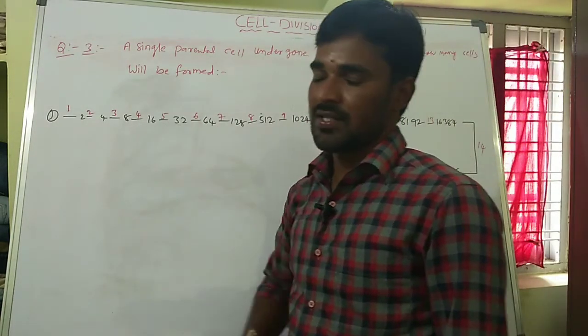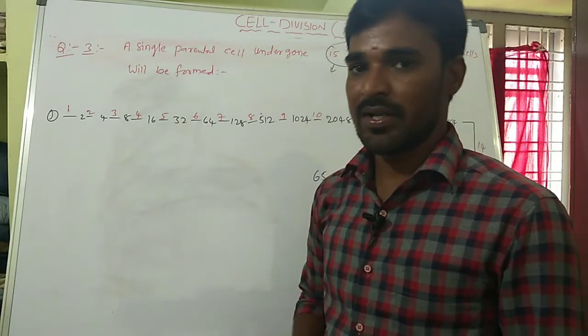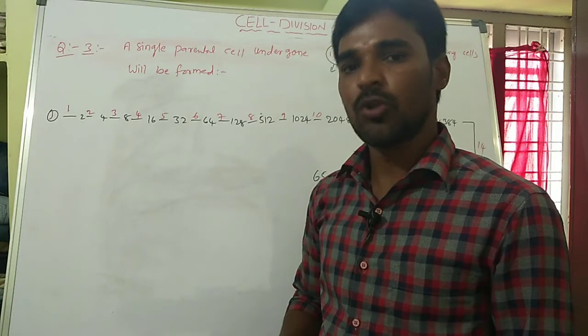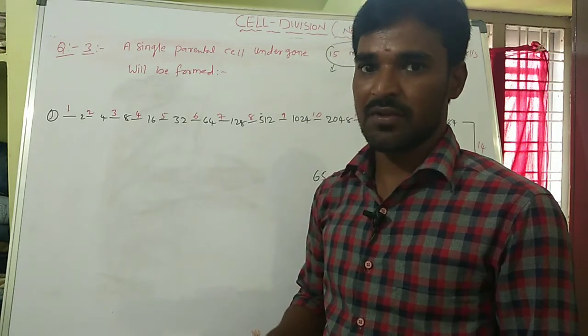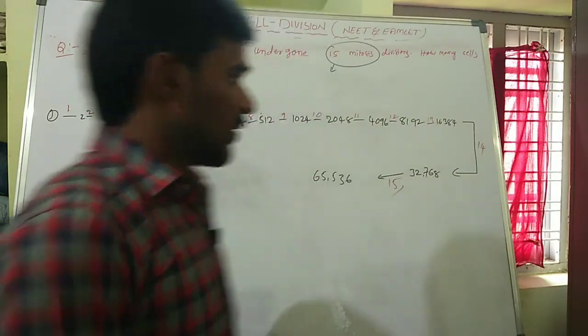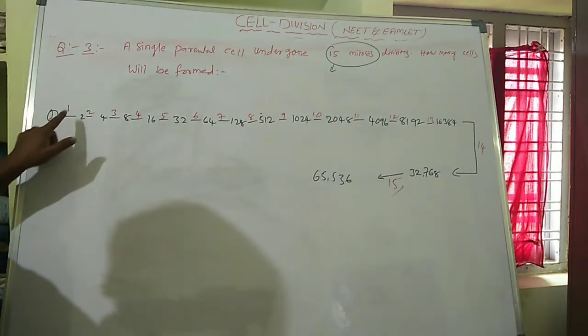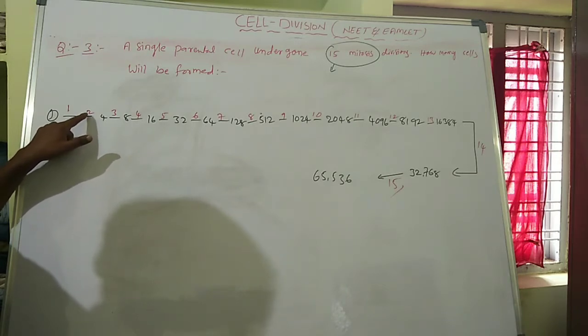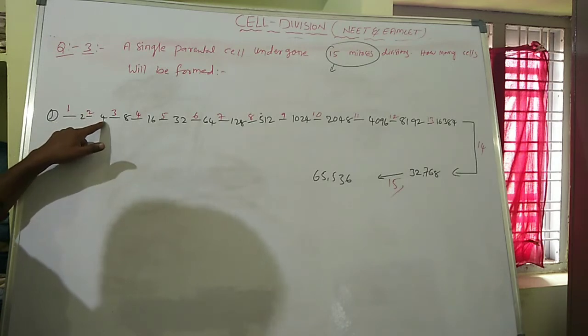So we have to follow the same pathway. In each step of the mitosis division, the cells will be doubled. Single parental cell: in the first mitosis division, 2 cells will be developed. Again these 2 cells, in the second mitosis division, 4 cells will be developed.